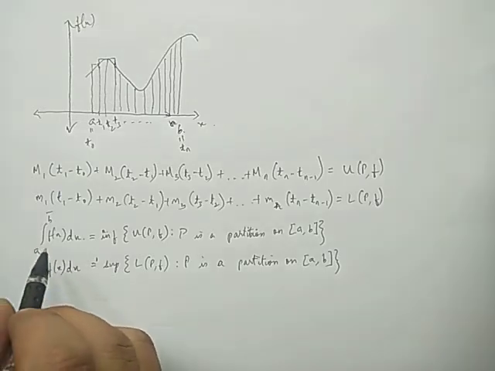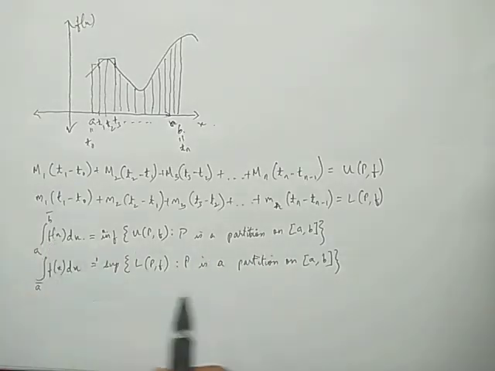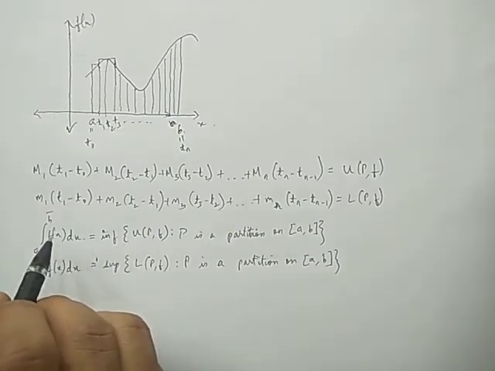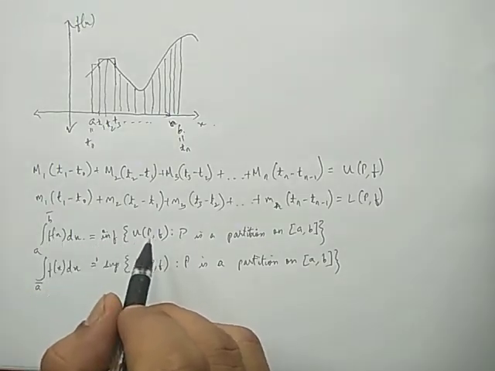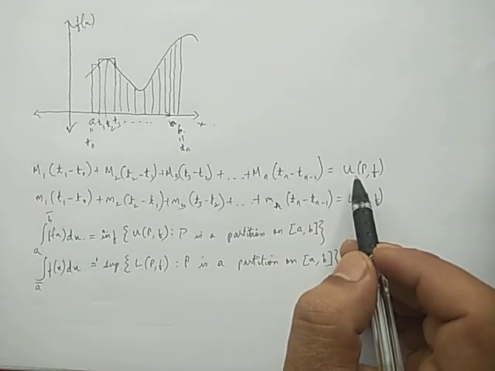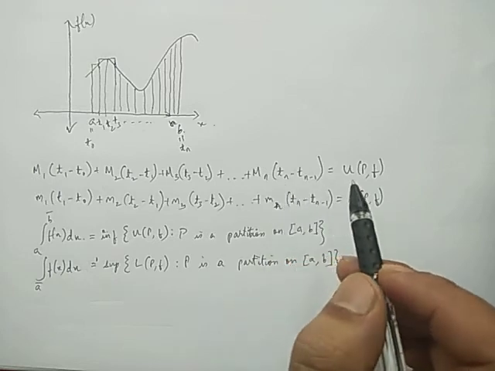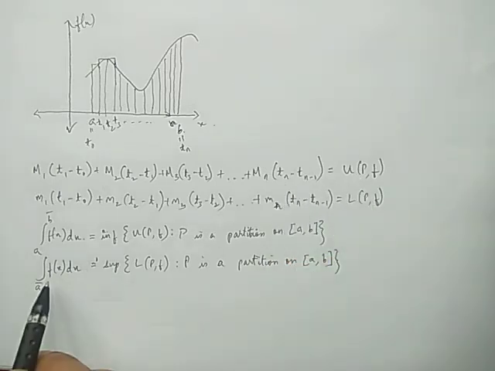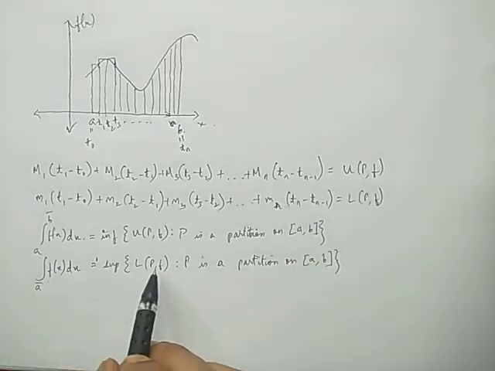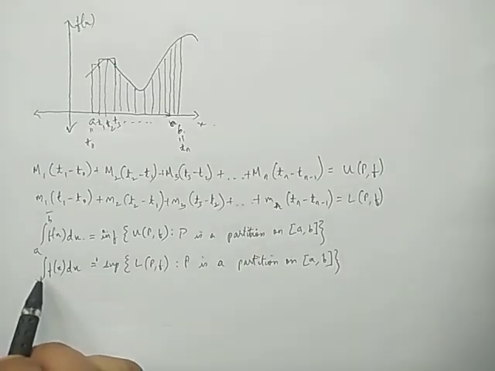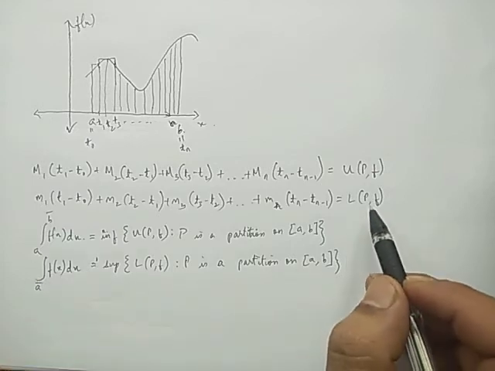So now we have 2 different values here. This is the smallest of the values of UPF, because UPF can have different values for different partitions, and the maximum of this LPF, I denote it like this, the lower integral.